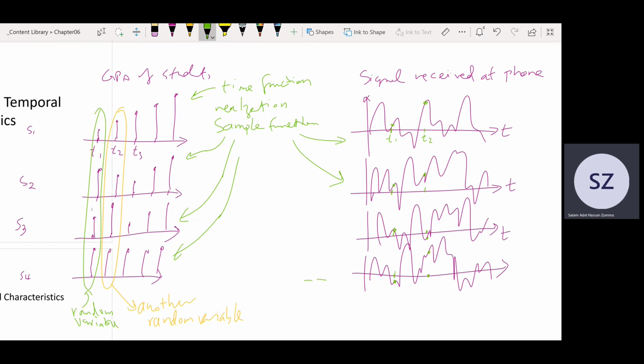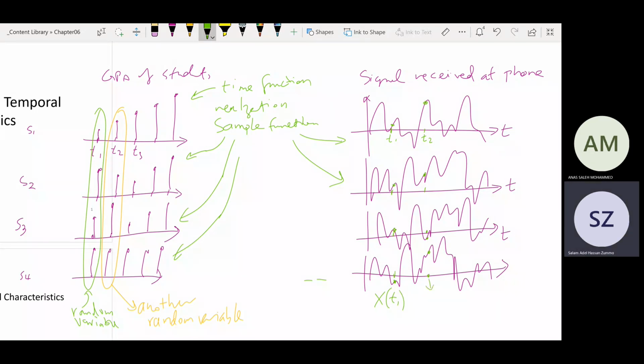So imagine you repeat the experiment 100 times or 1,000 times or 10 times. Every time you look at a specific time, you get a collection of numbers which constitute a random variable. This is a random variable, which we call x of T1. This is another random variable called x of T2, and so on. This is the third, which we call x of T3.